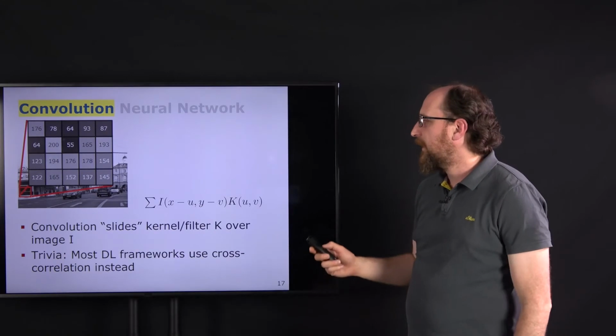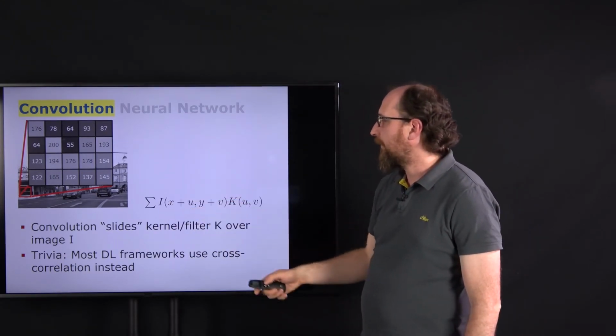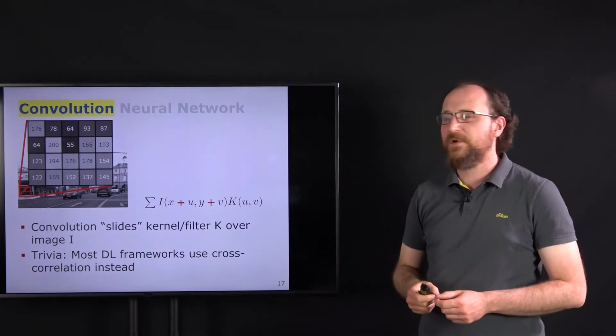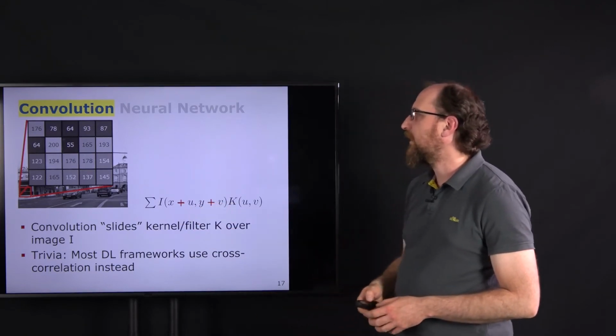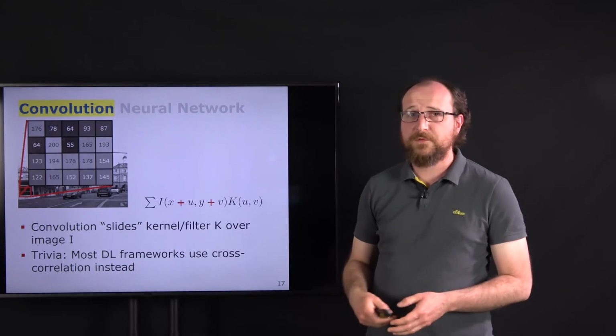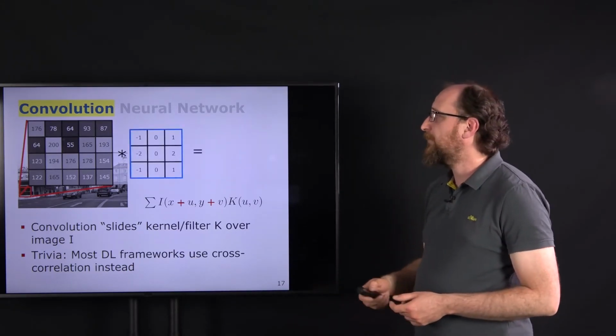Usually it doesn't matter if the kernel is flipped or not, so we are just using the correlation, and most frameworks also use the cross correlation instead of the convolution because it doesn't make much difference in the end.